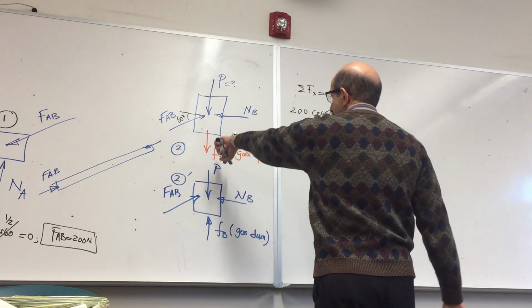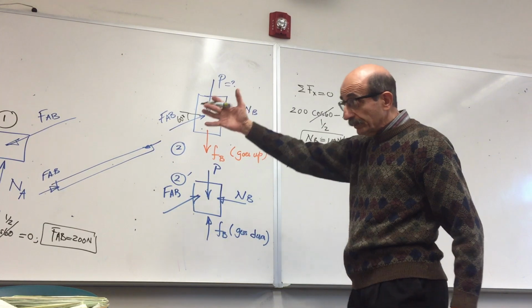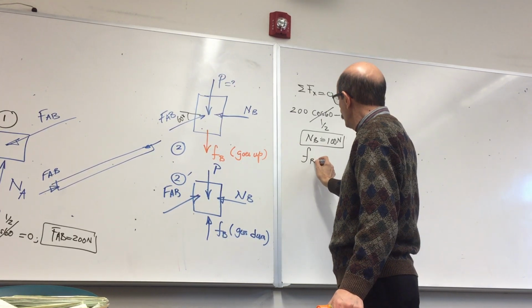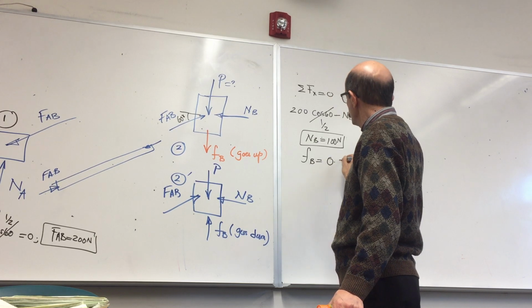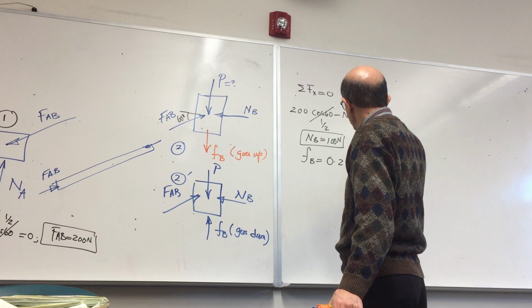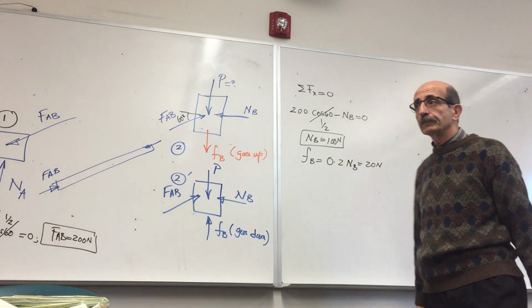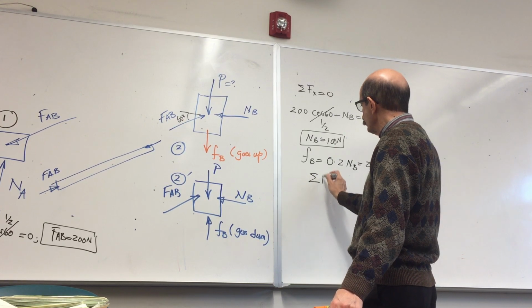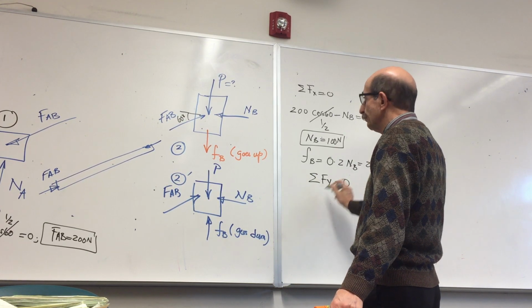The problem states that this is not moving. So F_B would be 0.2 times N_B, or 20 Newton. Now I write the summation of forces along y equal to 0.